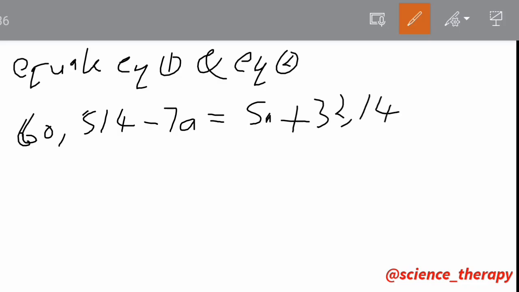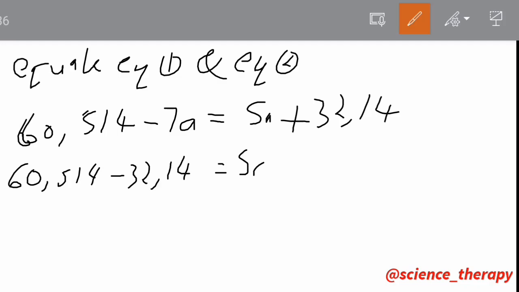So that means here, we can just transpose everything that has a to one side and deal with the constants on the other side, so we have 60.514 minus 32.14. Then on that side, we have 5a plus 7a.